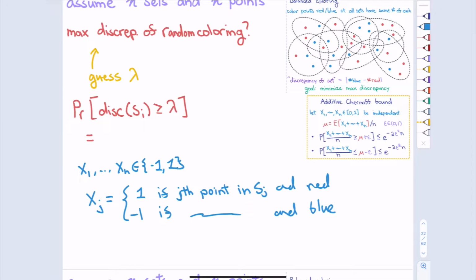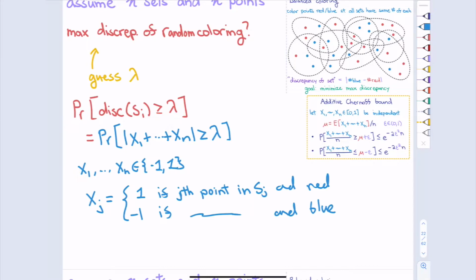So we're looking at the probability that the absolute value of the sum of these things is at least lambda.